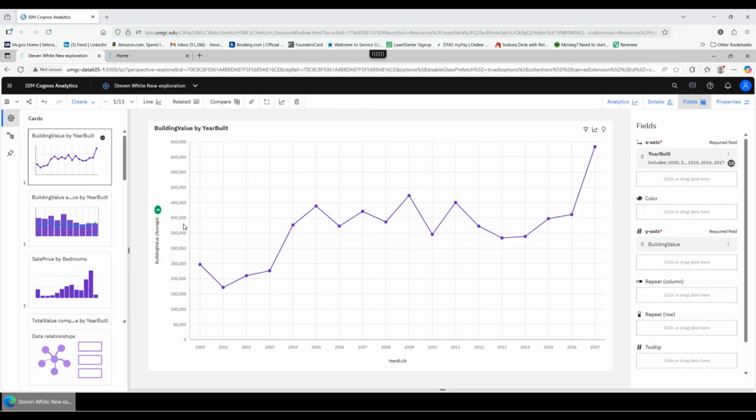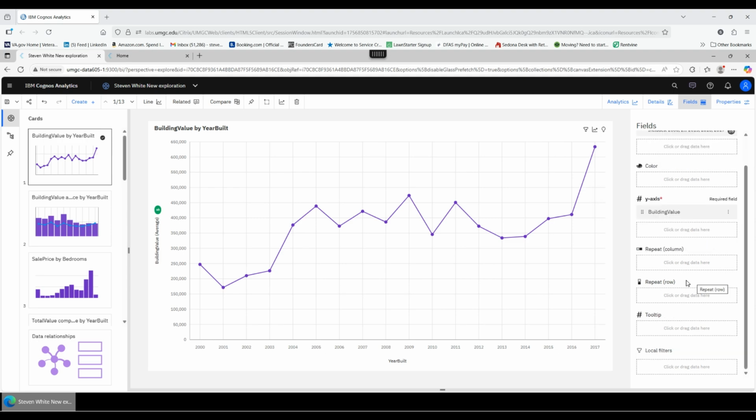Here, we're looking at the value over time for the various buildings. This isn't filtered by the different land uses, so I kept this one pretty simple.